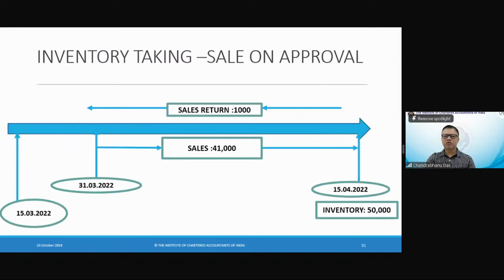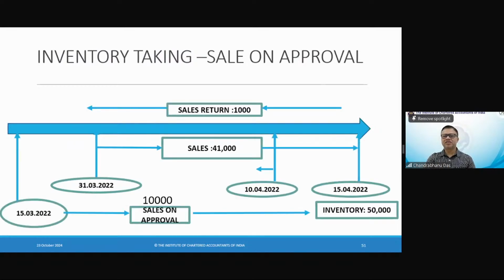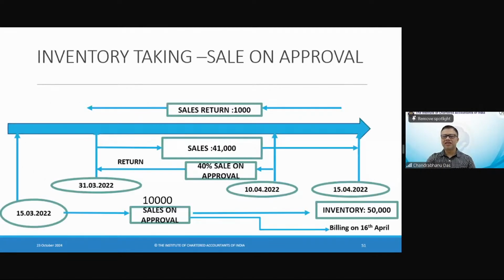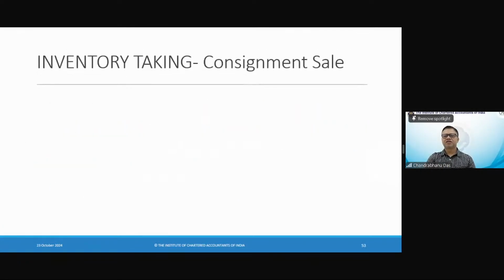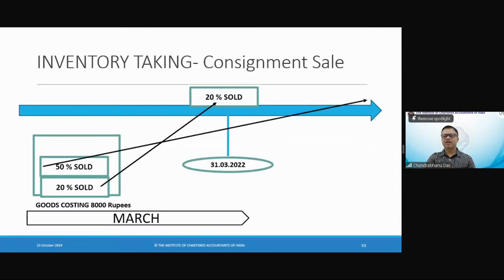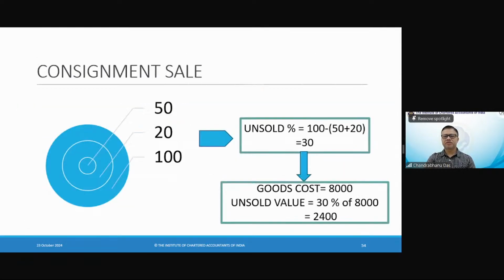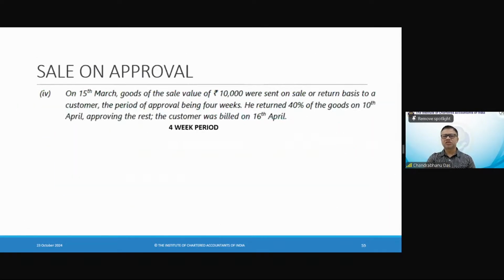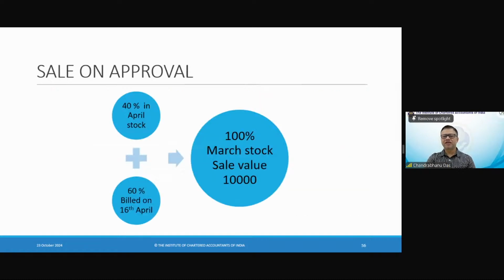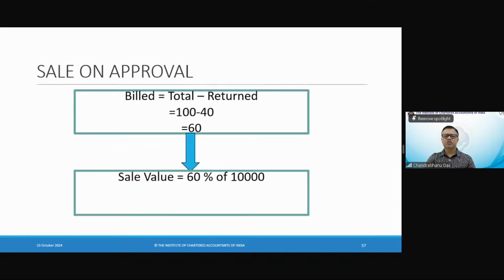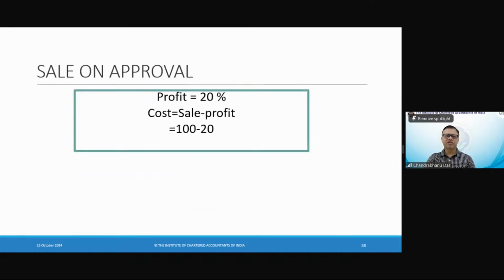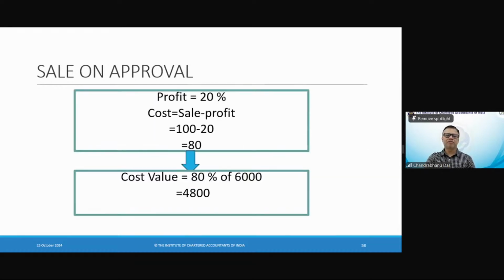We also talked about how sales return affects sales and approval, and how the billing works. This problem has been solved. And we talked about unsold goods. Here the four-week period, the expiry time period, I have discussed. It will help you understand the sale and approval basis.